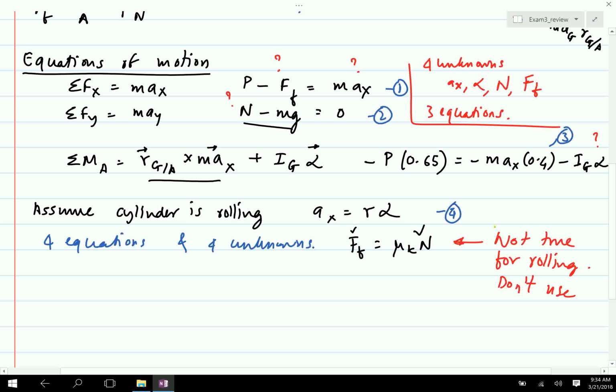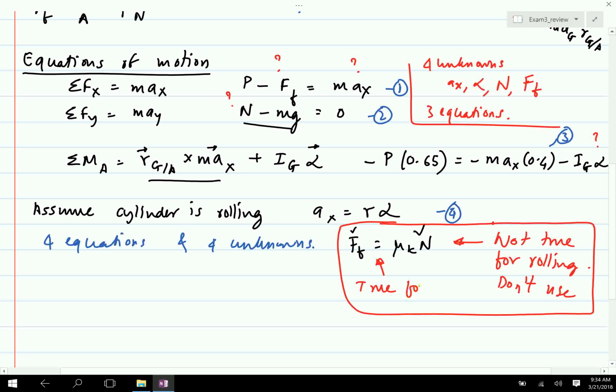Don't use this. This is only true for sliding. So if I told you this object was sliding, or we found later on when we solve this for friction, I'll show you how to find if it's sliding or rolling later on, but it's only true for sliding. Do not use it when it is rolling. Very common mistake.